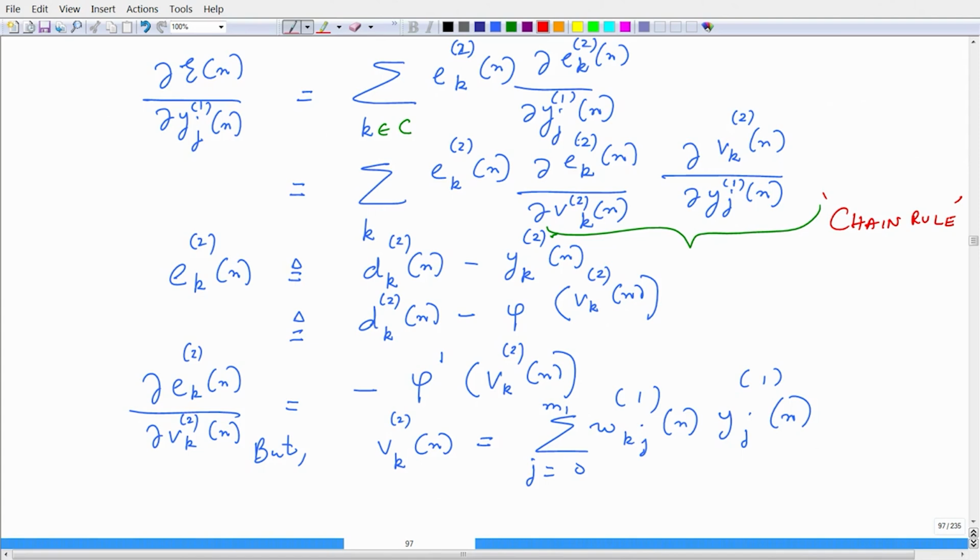But I think you have to be very savvy here about the layer numbers. So if you think about the diagram very carefully, or the signal flow graph, it becomes very clear, right. So this is the error that you have at the kth node in layer 2 in the output layer, and this you are evaluating with respect to the partial at node j in layer 1, right.